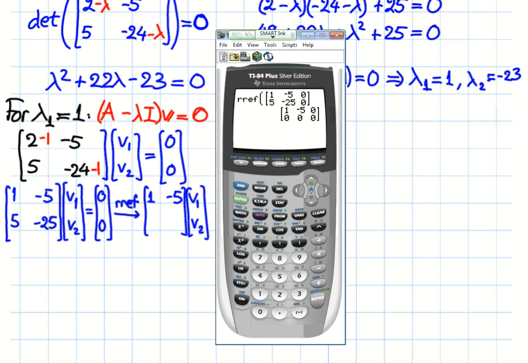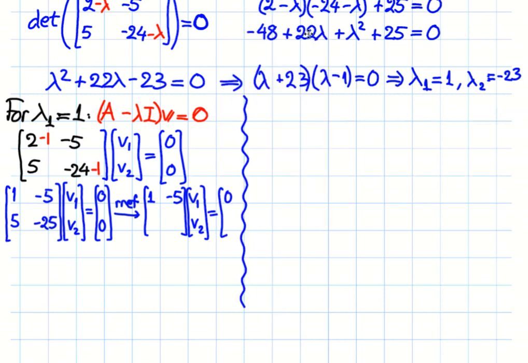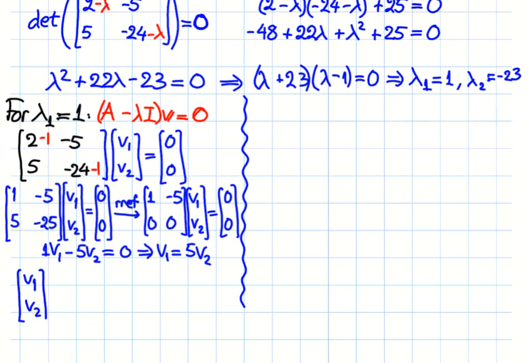So we can write like that. Only the top equation has some meaning to it. So 1 v1 minus 5 v2 equal to 0. So we can say v1 is 5 v2. So from that we can write the solution as v1, v2: v1 is 5 v2, v2 is still v2.